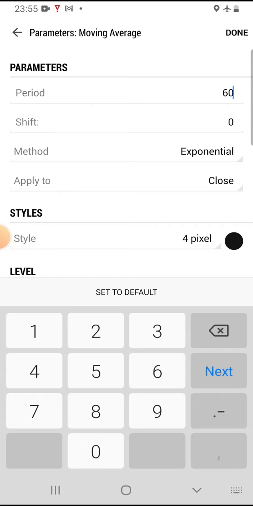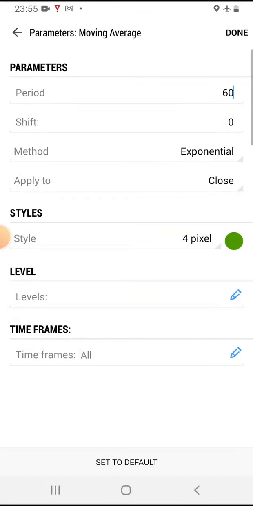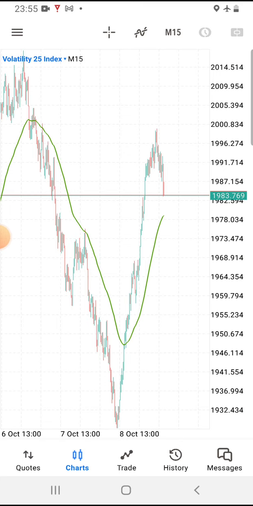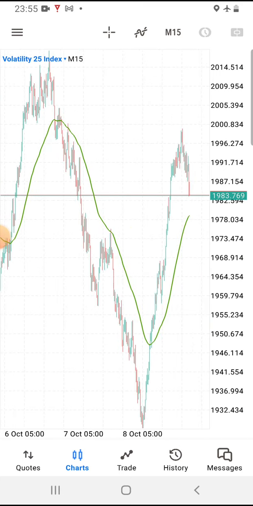The shift is 0. The method is exponential. Apply to close, and we're going to change the color to green, and everything else remains as it is. We're going to click done. As you can see, we now have a green exponential moving average running across our charts.